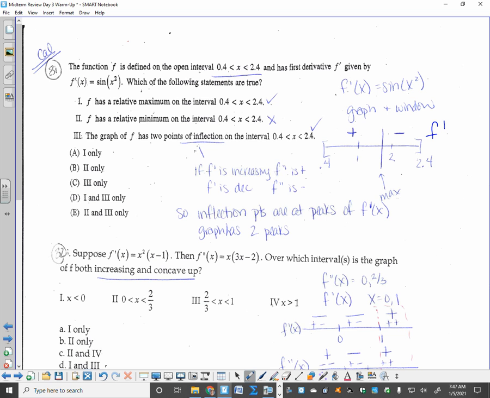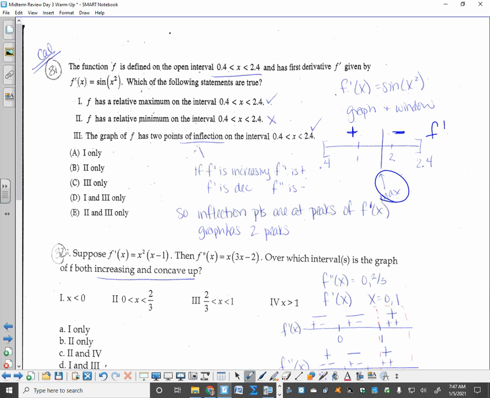It looks like it's positive and then negative, and it changes somewhere between 1 and 2, kind of closer to the 2. So it says f has a relative max. So positive, negative, yeah, it would have a max, somewhere on the interval from 0.4 to 2.4.